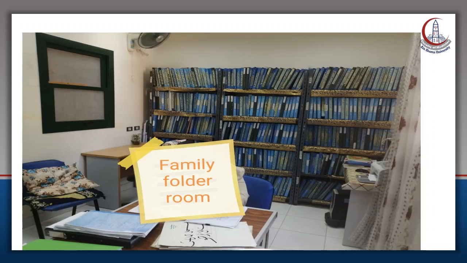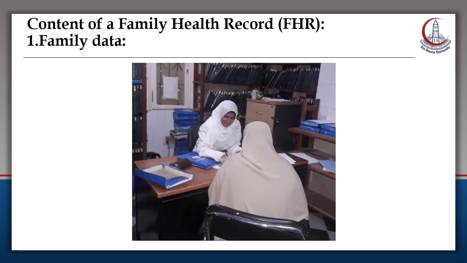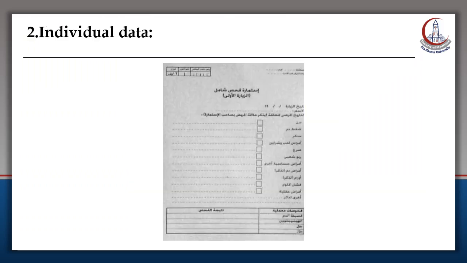Each family is recorded in a separate folder, and each disease is coded and is labeled with a color.